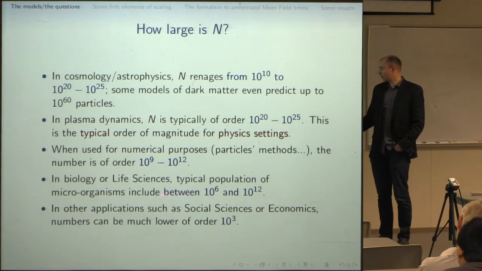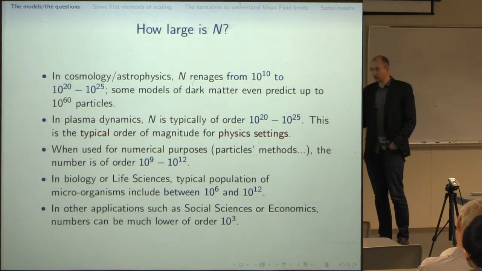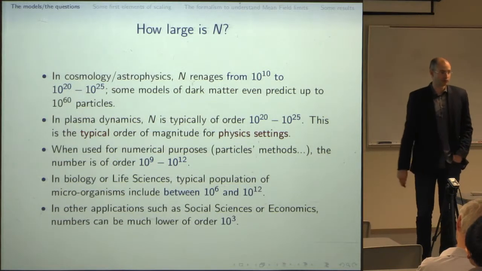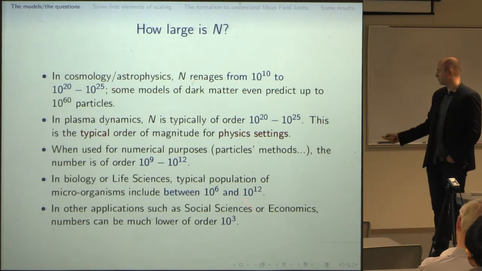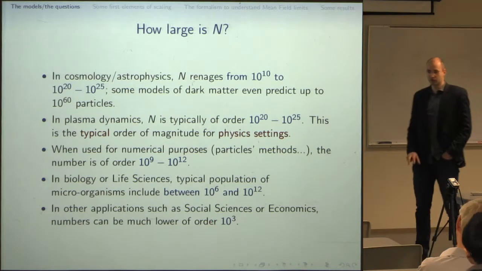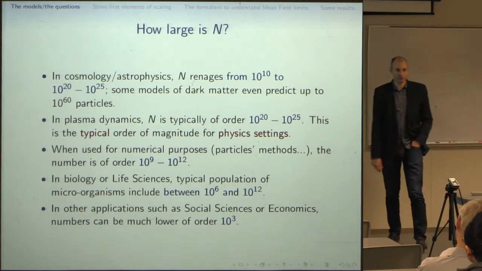Other applications have far lower numbers. Now, they are not called particles, they are typically called agents in this case. In social science or economics, the number is far lower than that. 10 to the 3, it can be a little bit larger than this, but 10 to the 3 in economics, for instance, is a good order of magnitude.